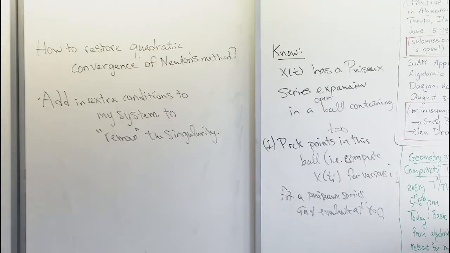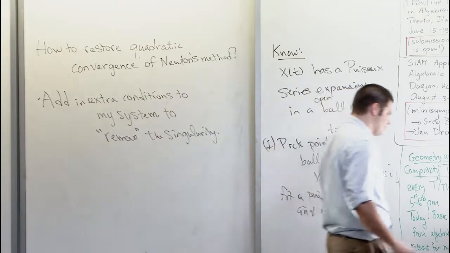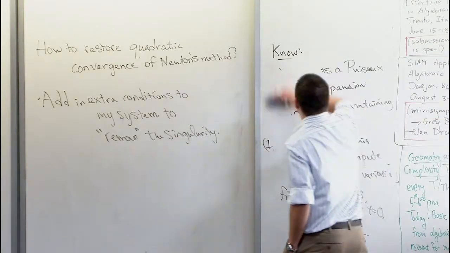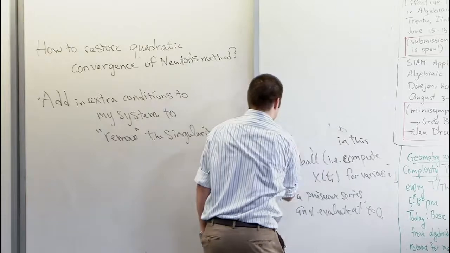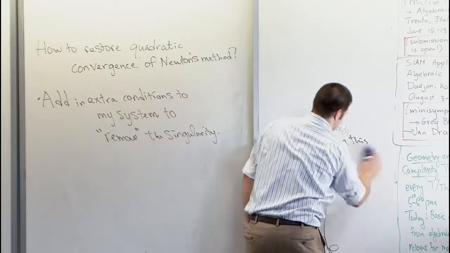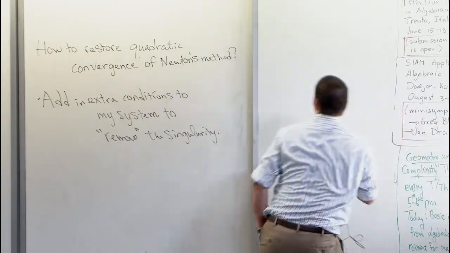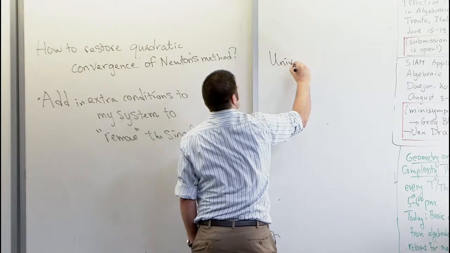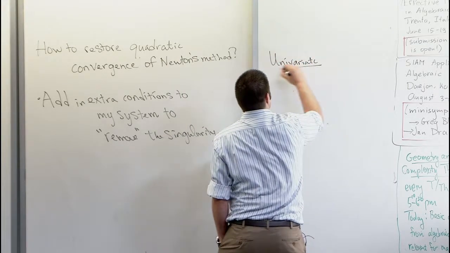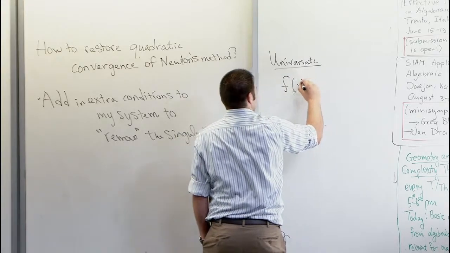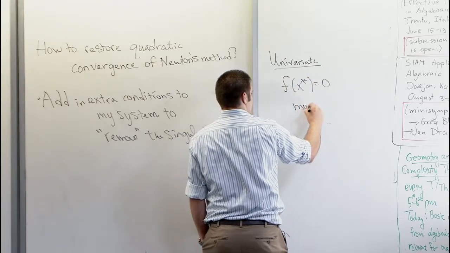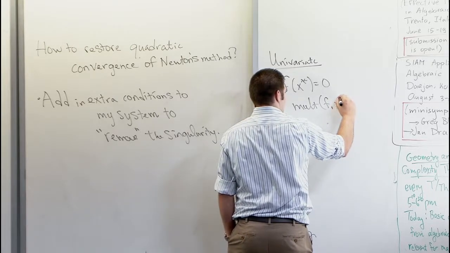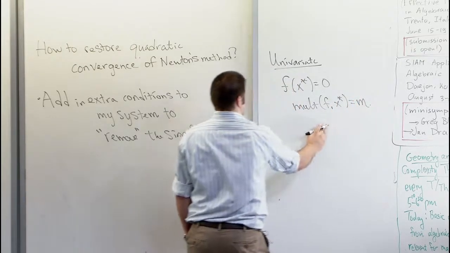So let me give you an example. And I hope everyone has seen this before. Univariate polynomials, a multiplicity m. What do you know about a univariate polynomial of multiplicity m? So in the univariate case, suppose that f of x star equal to 0 and the multiplicity of f at x star is m.